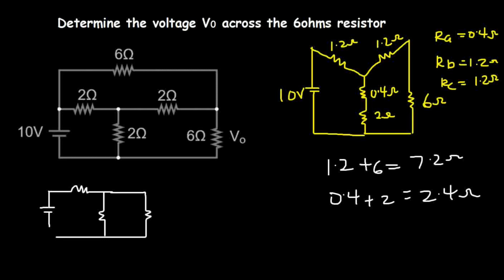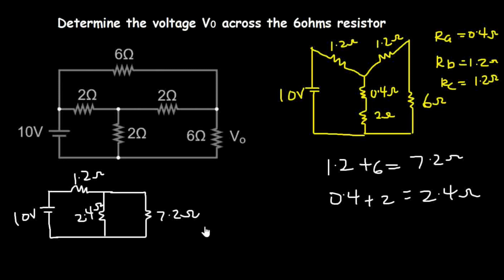This is a 10 volt source. Then I have this 1.2 ohms here, then this side 2.4 ohms, and then the 7.2 ohms here. So now we have a very simple circuit here.